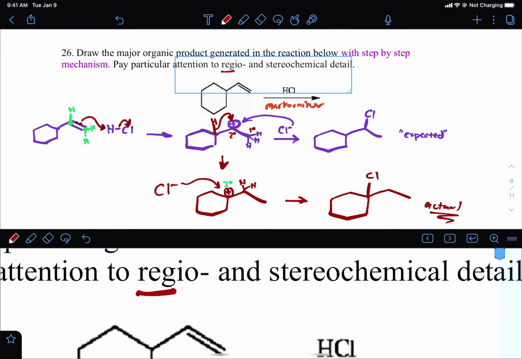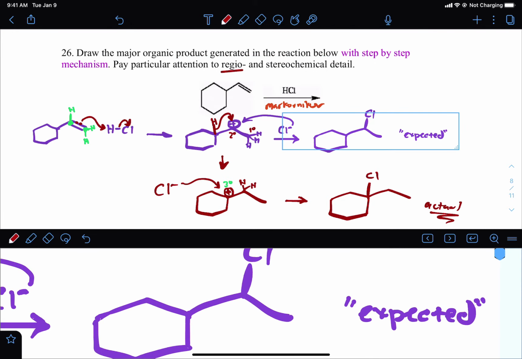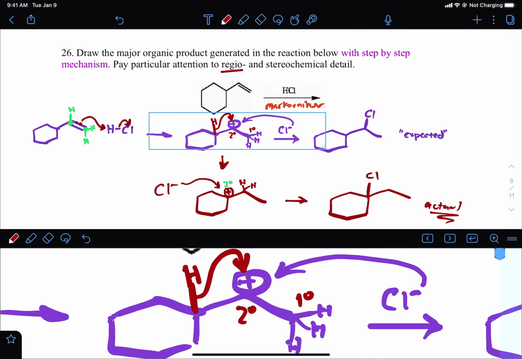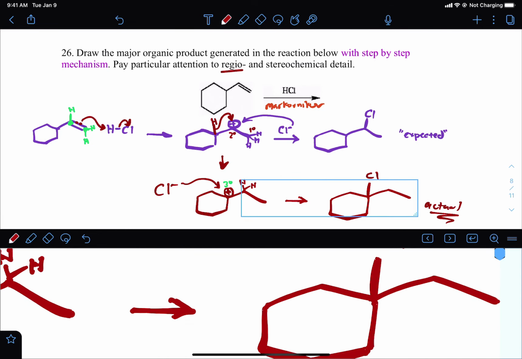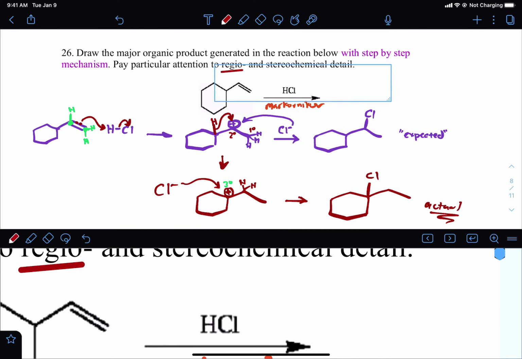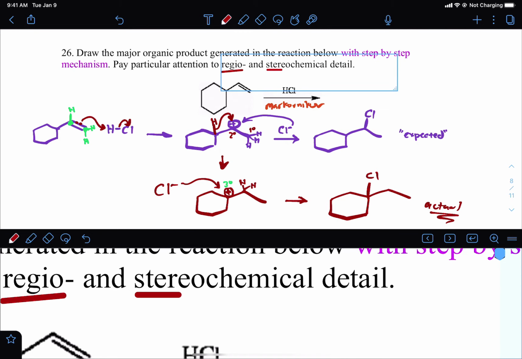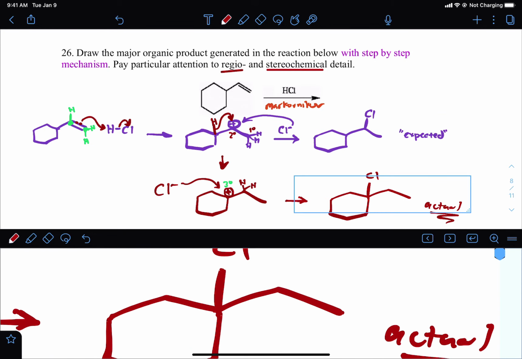So that's what regiochemistry is. Regio means region or location. So we're just saying, like, pay attention to where the chlorine goes. Okay. The chlorine tries to follow Markovnikov's rule, but a hydride shift intercepts that, and we end up where the chlorine goes. Stereochemistry, I'm not really sure why this is being referenced here, because there's no stereochemistry here.